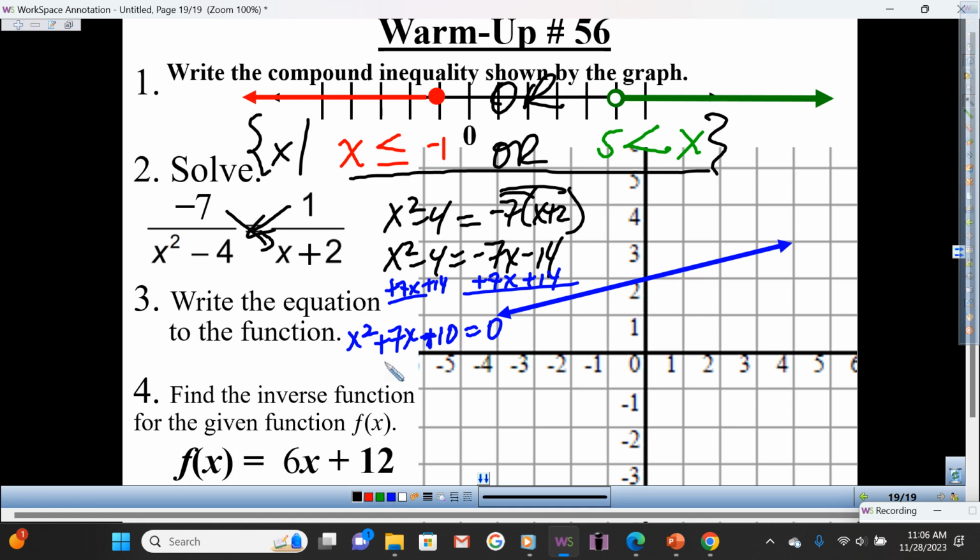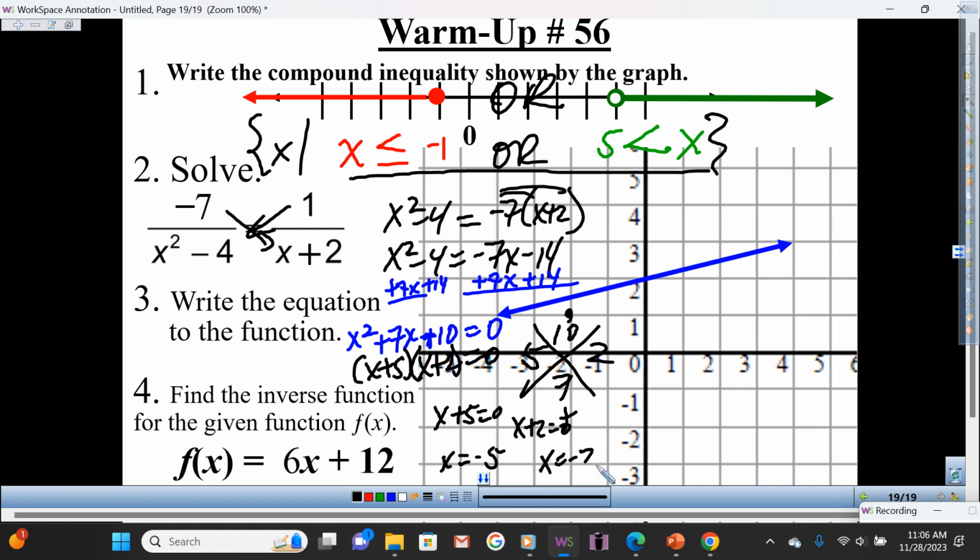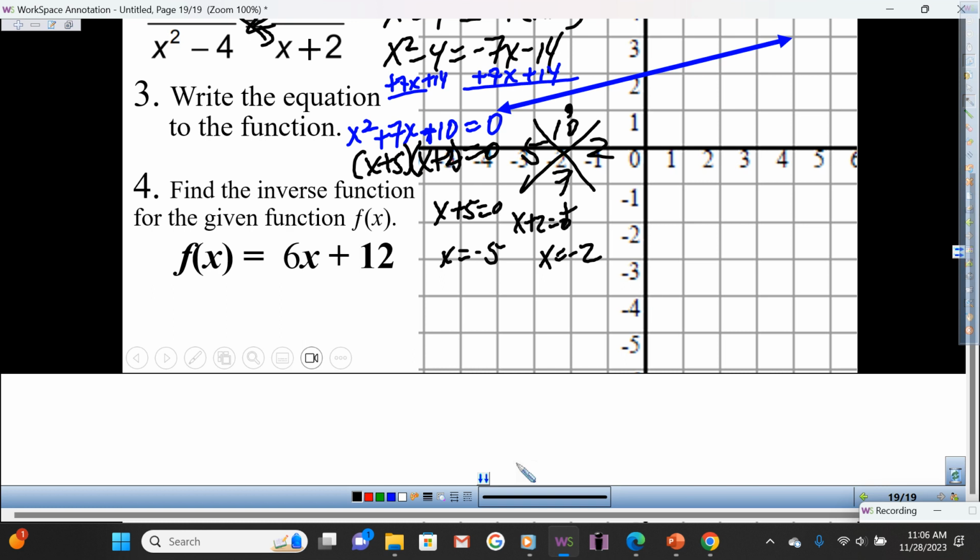And from there, Power Rangers, factors of 10 that add up to 7, 5 and 2, or 2 and 5, x plus 5, x plus 2, and all that equal to 0. Set each one equal to 0 and solve. X plus 2 equal to 0, so x equals -5, x equals -2, and those are my what? Solutions, roots, zeros, and x-intercepts.